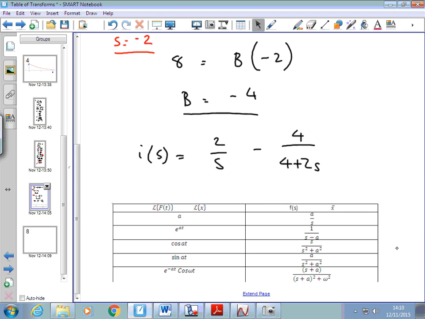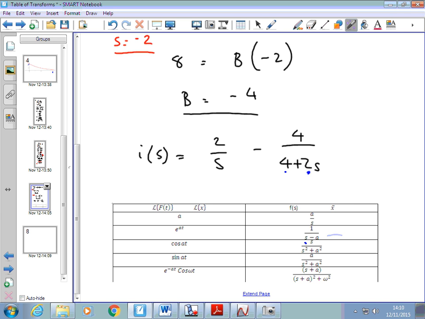So if we look at our table and look at these two, the 2 over s looks like this one, look. A over s, where a is 2. And this bit looks a little bit like this one, but again we've got s on its own in this, so we need to get s on its own here.